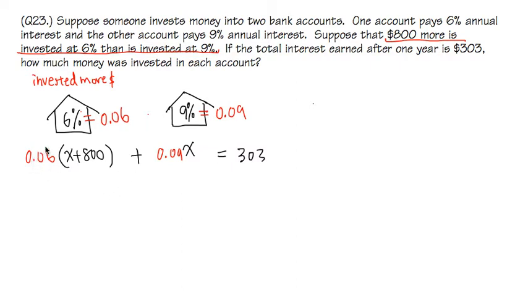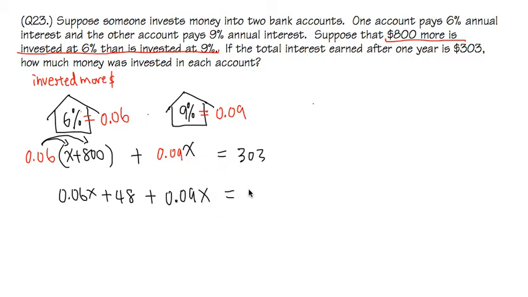That's all. So I will have to distribute the 0.06 into the parentheses like this. 0.06 times X, it's 0.06X. 0.06 times positive 800, it's going to be plus 48. And that's going to be plus 0.09X.